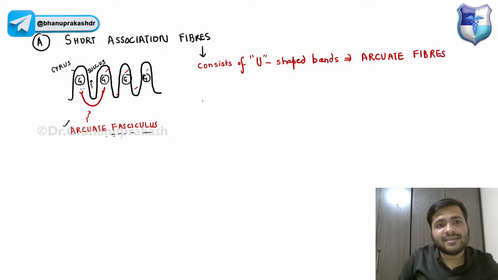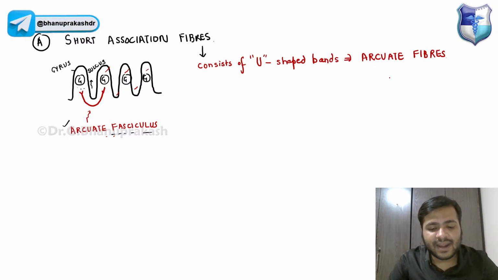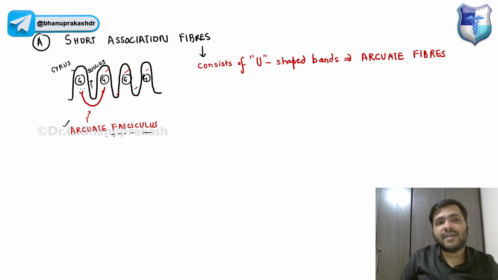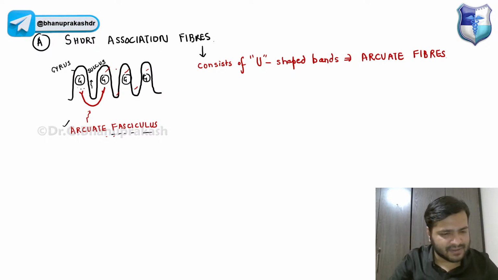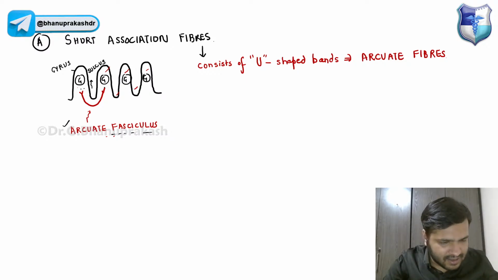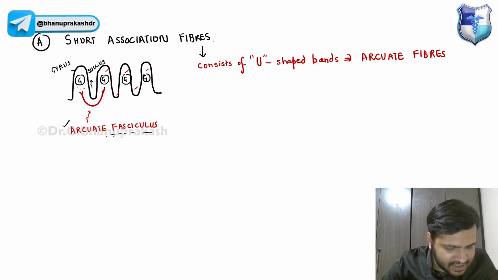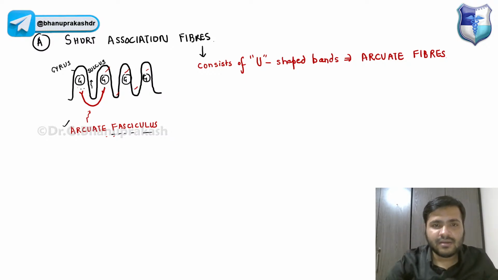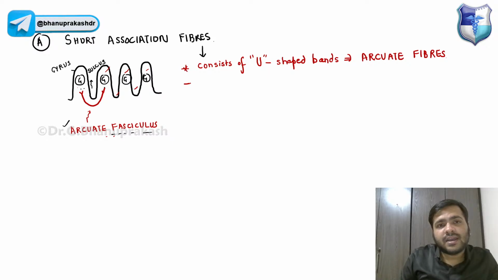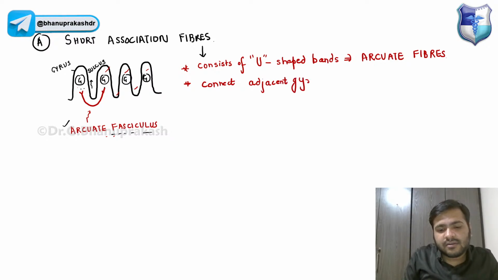They are lying just deep to the cerebral cortex, because we have this gyrus and sulcus, and beneath that they are present. I hope this is clear to everyone. And remember, guys, they connect adjacent gyri with one another.